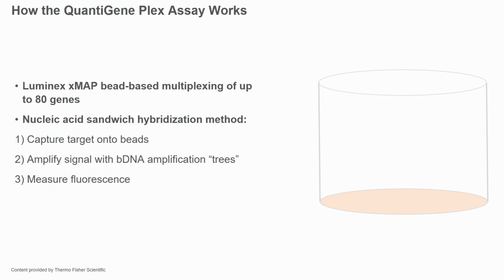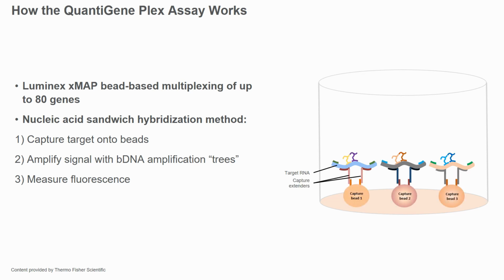It is a nucleic acid sandwich hybridization method in which you have your target that you want to capture. Then you have different capture beads, specific probes and capture extenders, which specifically bind to one of the targets of interest.